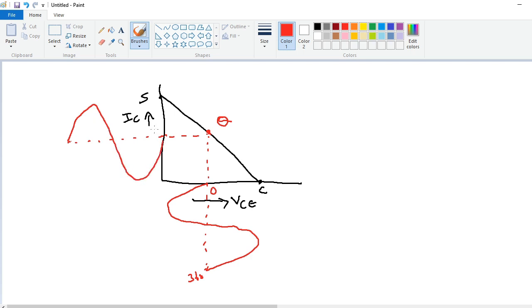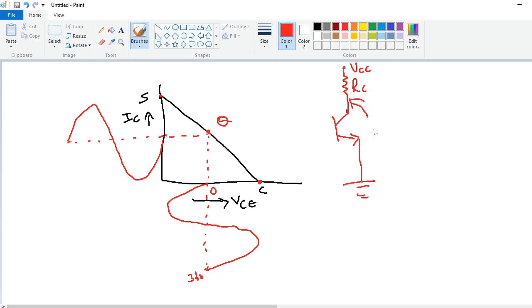But what is the value of voltage at the cutoff region, and what is the value of current at the saturation region? This is very, very important. Just observe the circuit diagram. Here VCC is applied with the help of collector resistance RC, and the emitter is grounded.